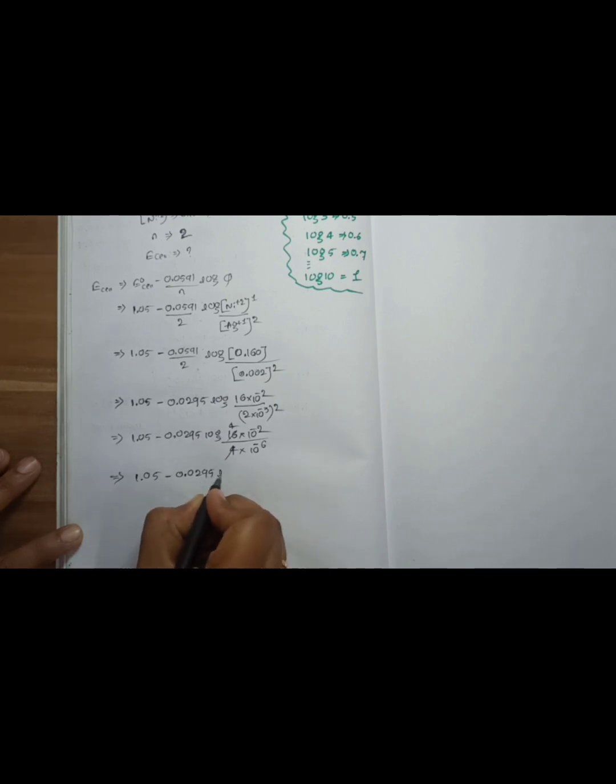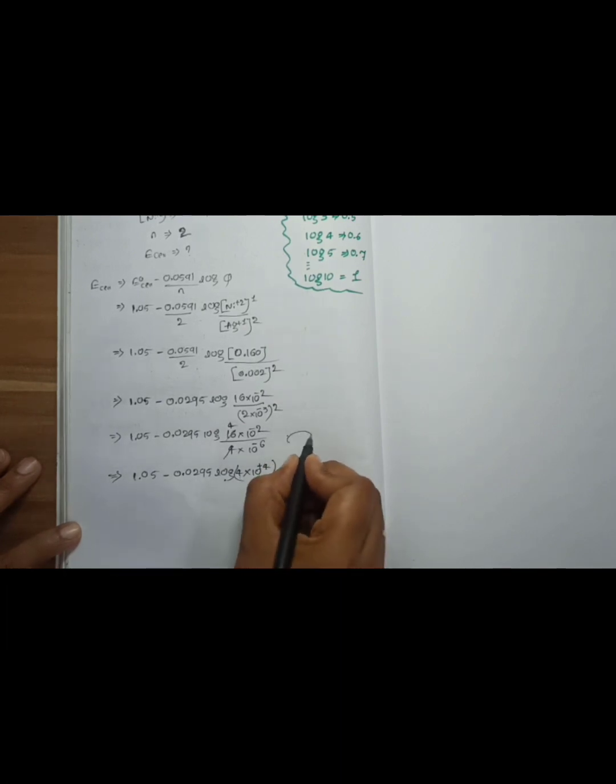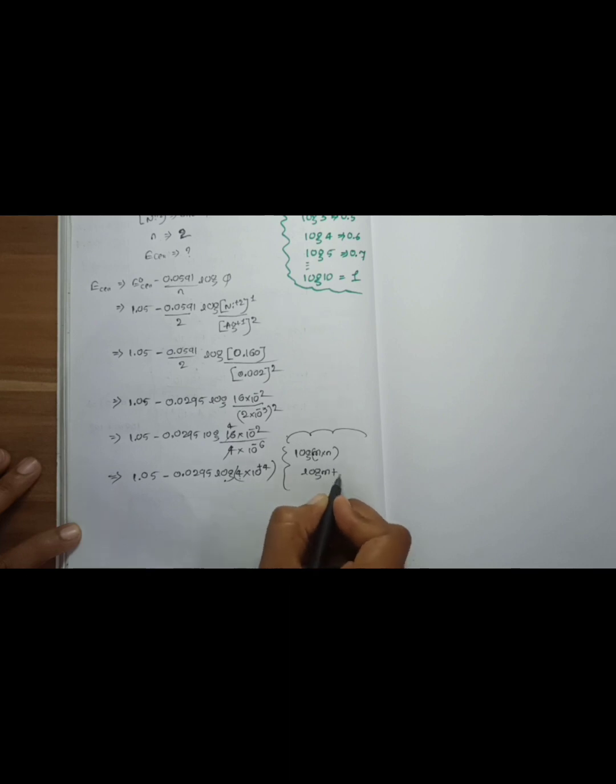0.0295 log 4 into 10 to the power of plus 4. Now this is in the form of log m into n, and we know the formula of log m into n. Log m into n is log m plus log n.